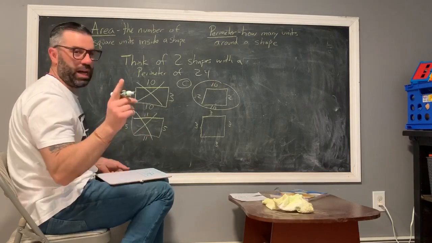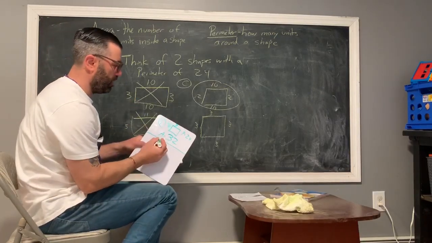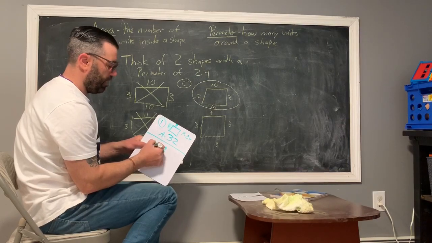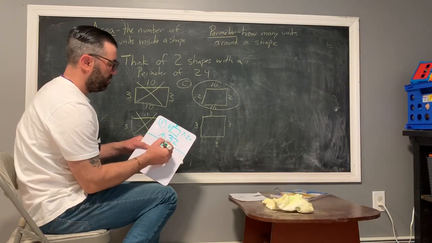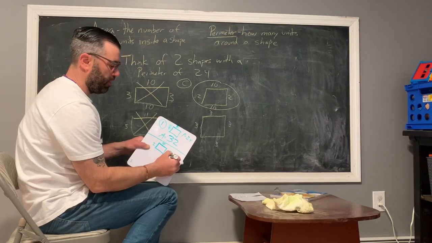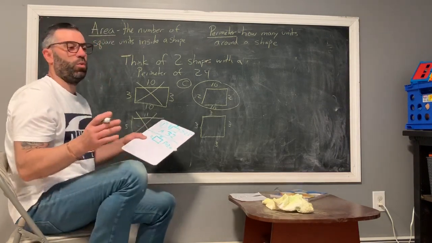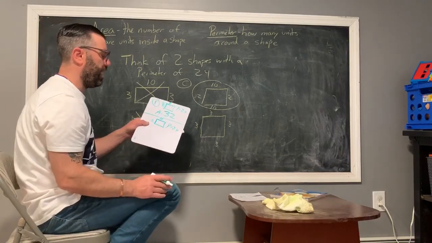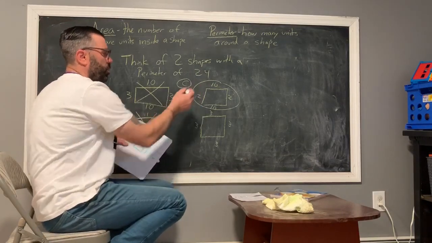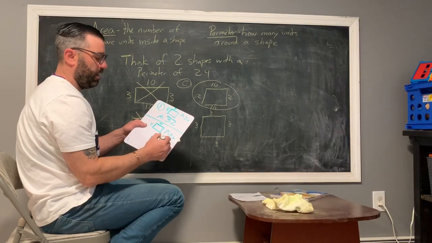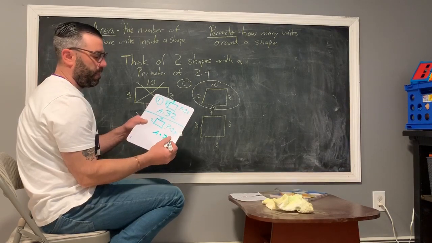But what's the most important thing to do is draw that little picture on your paper. A 2 by 10 had the perimeter of 24. And then they're going to ask you one more question. They're going to say, what is the area of that one? So 2 by 10, I just do 2 times 10, and the area would be 20.